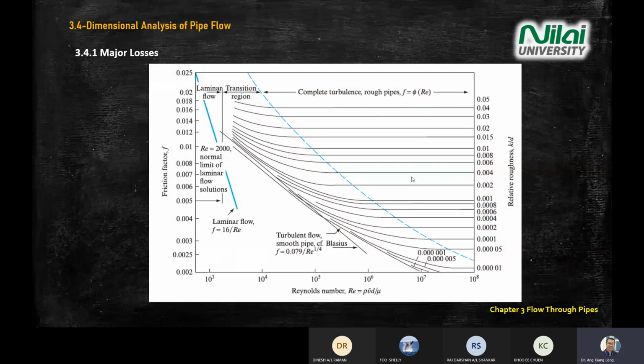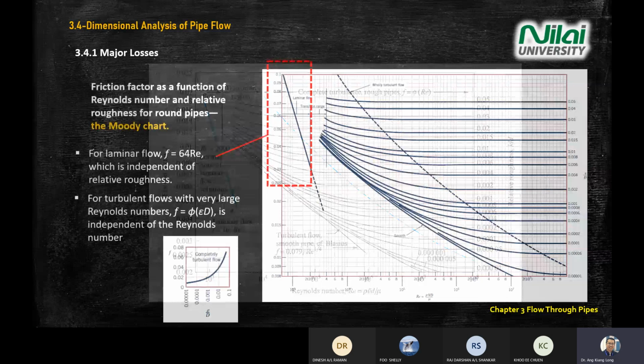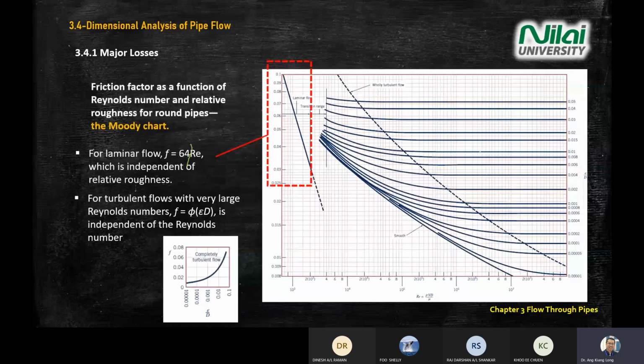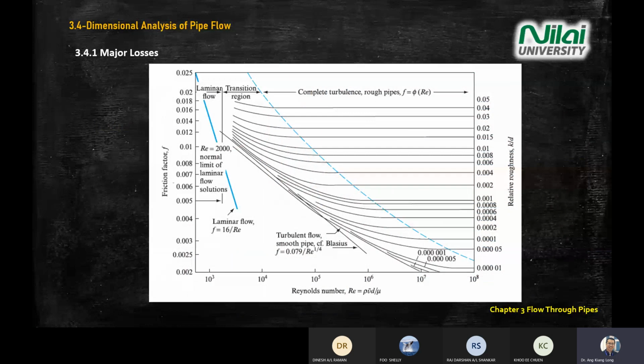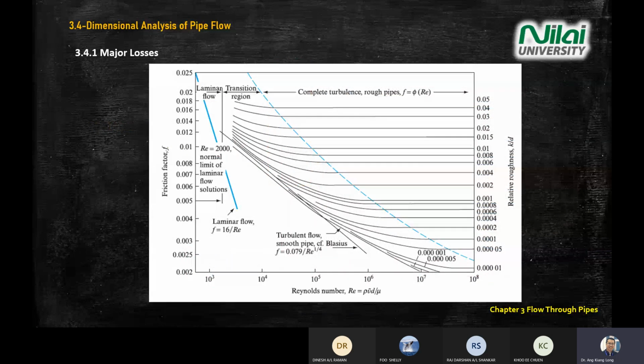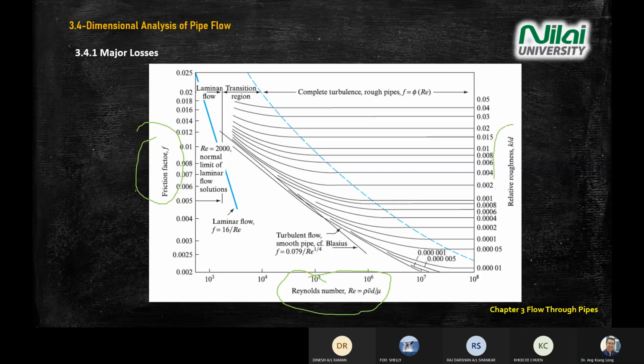Let's look at another presentation of the Moody chart. It will be the same; only the colors and the lines are a little bit different. Compare side by side: the Moody chart always has three axes, friction factor on the left, Reynolds number on the bottom, and relative roughness on the right-hand side.